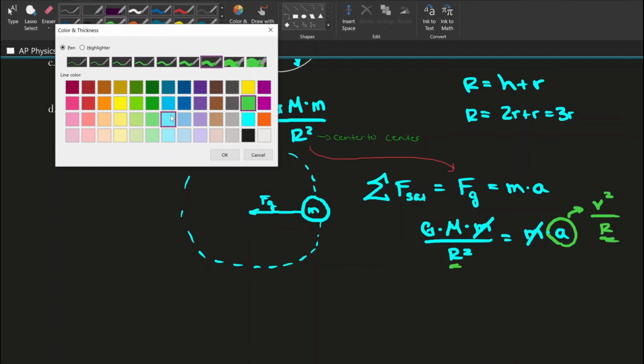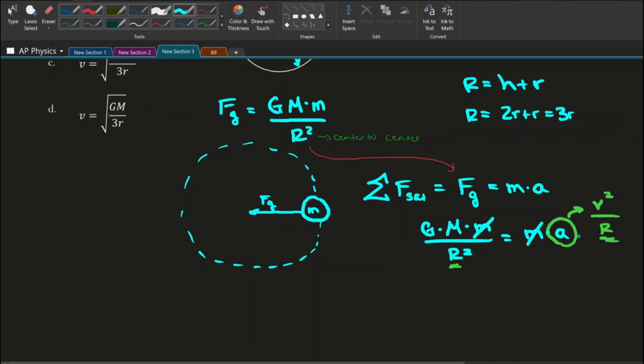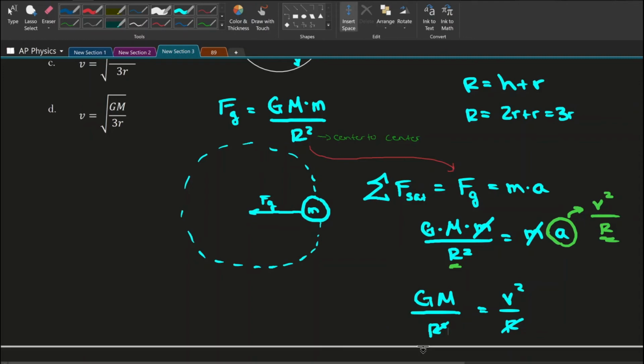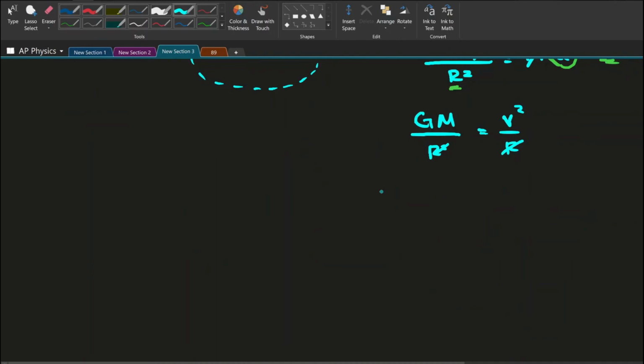So we're getting back to our problem here. Let's substitute v squared divided by R in for this acceleration. So we have G times the mass of the Earth divided by R squared equals, our m's canceled, so we have now v squared divided by R. So we'll cancel out one R here, and we have G times the mass of the Earth divided by R equals velocity squared.